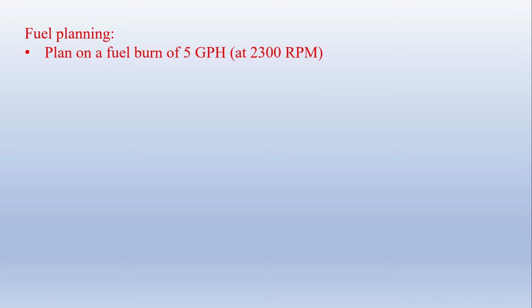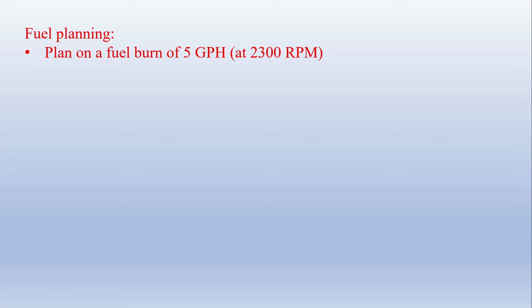Before we hop in the aircraft and take off, let's talk about a few more things. The first thing is fuel planning. The book says that the 152 burns about 5 gallons of gas per hour of flying, and I have tested that out in Flight Simulator, and it does seem to be about what it burns in Flight Simulator, assuming you've properly leaned the engine.